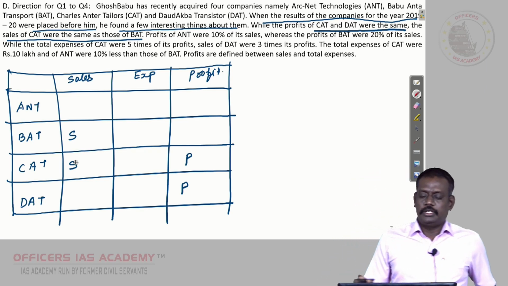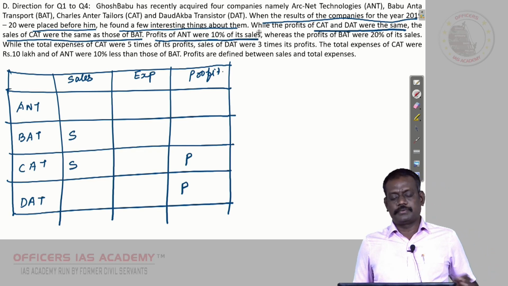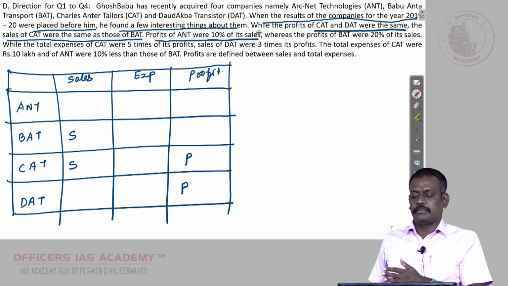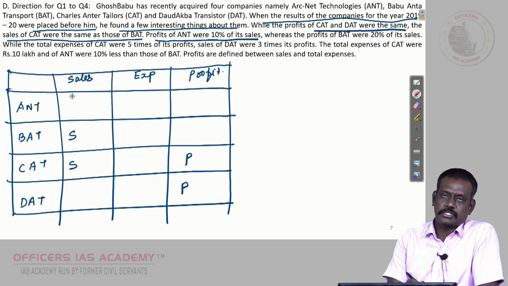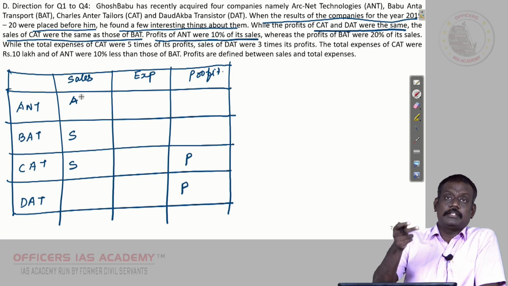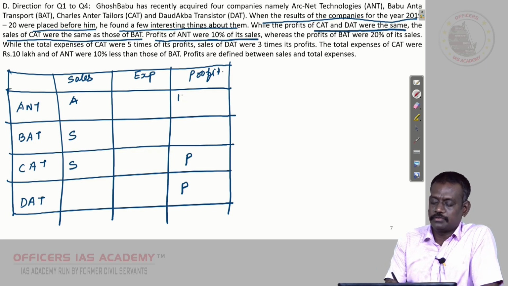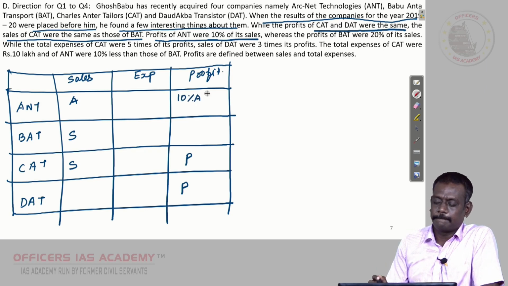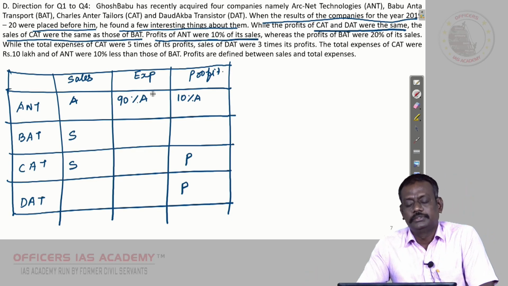Next, profits of Ant were 10% of its sales. We don't know the sales, so let us consider the sales as A itself. Here you should not take S, because S has already been taken for the sales of Bat and Cat. So now the profit will be 10% of A, and the expenses will be the remaining 90% of A. Is it clear, children?